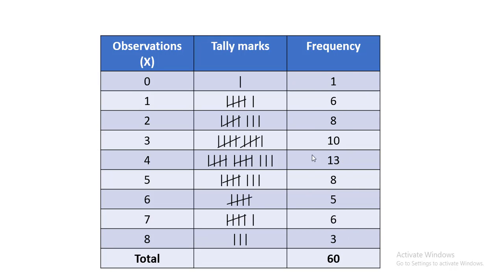If I add all these frequencies, the total I get is 60. So that is how a simple frequency distribution is constructed.